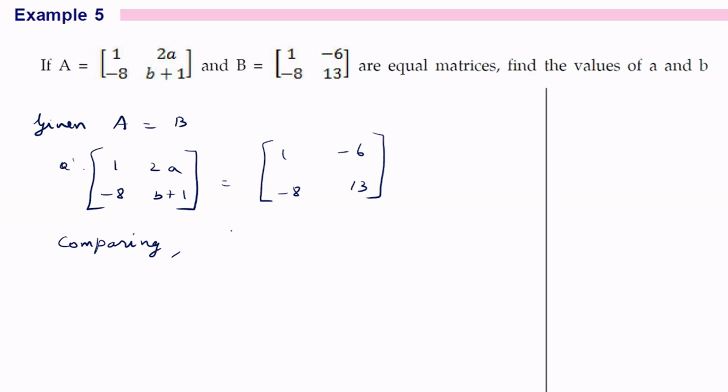On comparing, we have 2a equal to minus 6, which implies a equal to minus 6 by 2, which is minus 3. Then b plus 1 equal to 13, which implies b equal to 12. So these are the values of a and b.